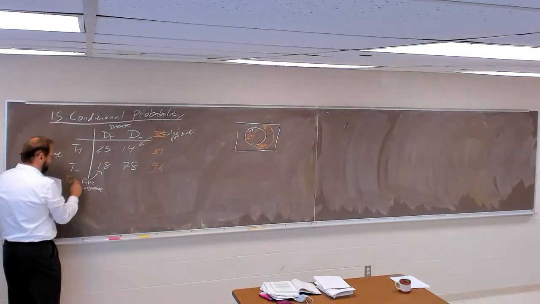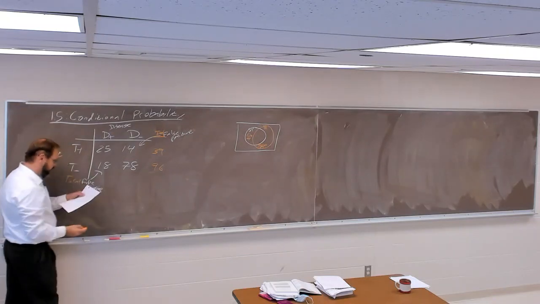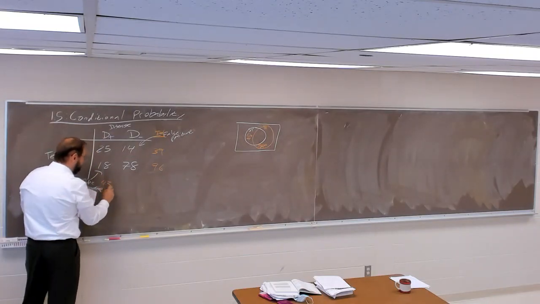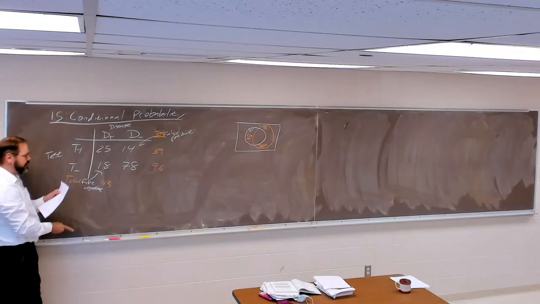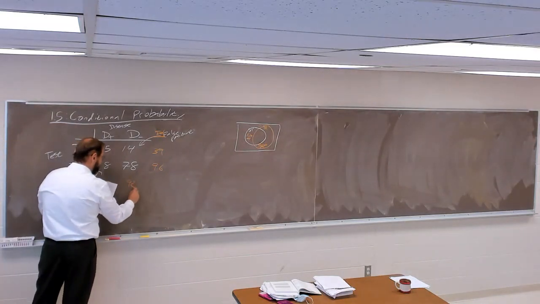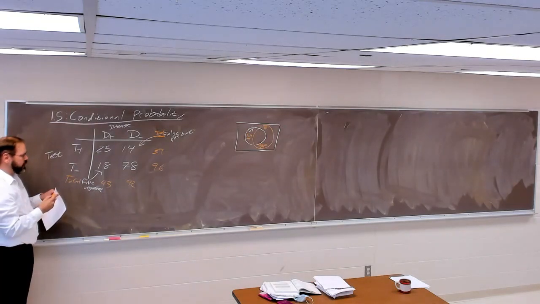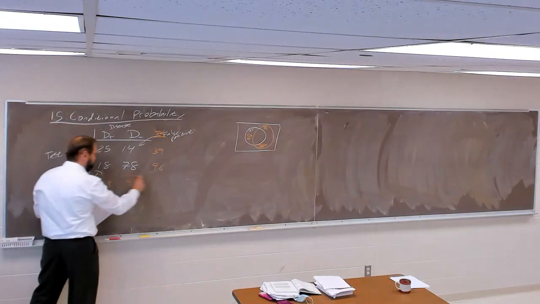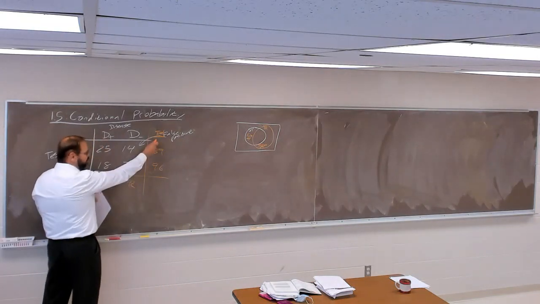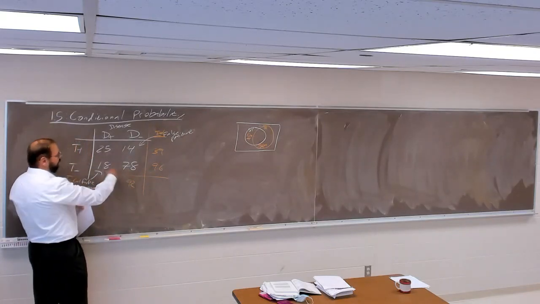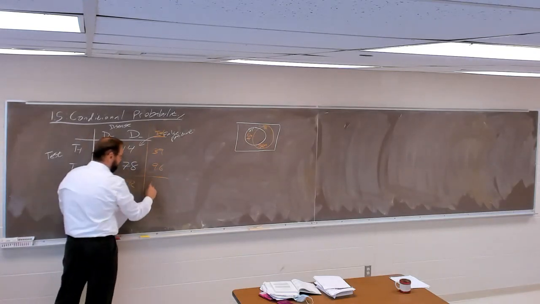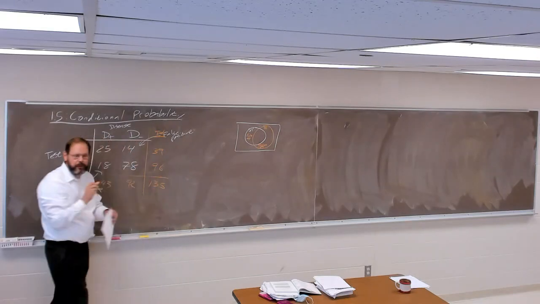Vertically, we could add: 43 is the total number of people with the disease, and 92 is the total number of people out of this population that does not have the disease. And then if I add vertically or horizontally, or just add these four numbers, I get the 135 people that were part of the test.